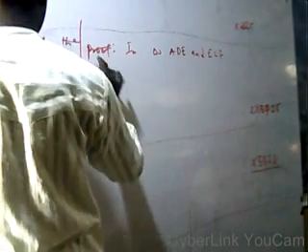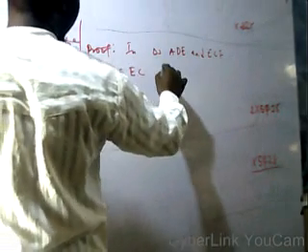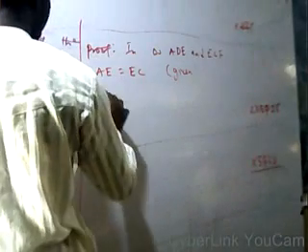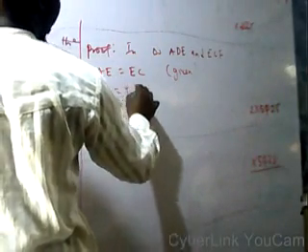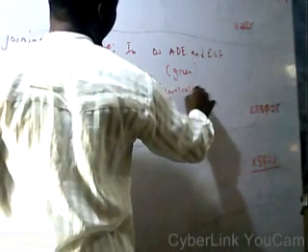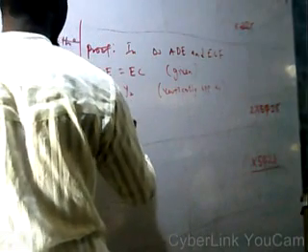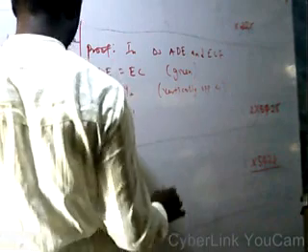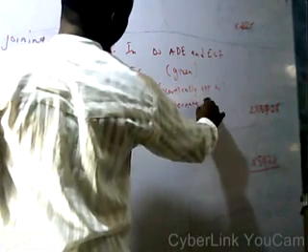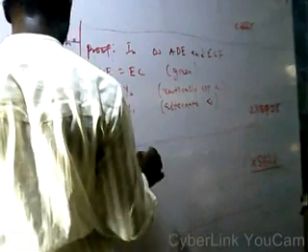Our AE is equal to EC. This one is given. And then Y1 is equal to Y2, that is a vertically opposite angle. Not just that, our X2 is equal to X1, that is alternate angle.